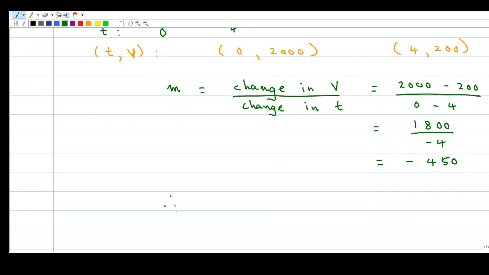Therefore, the function V as a function of t is -450 times t, plus your y-intercept, which we can see from the first ordered pair is 2000.